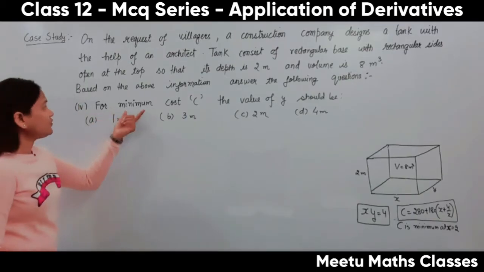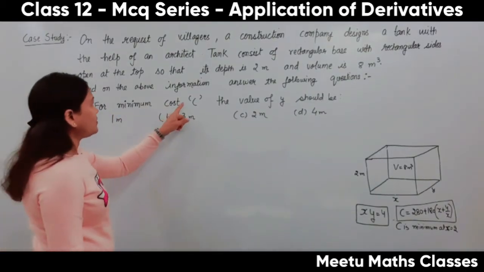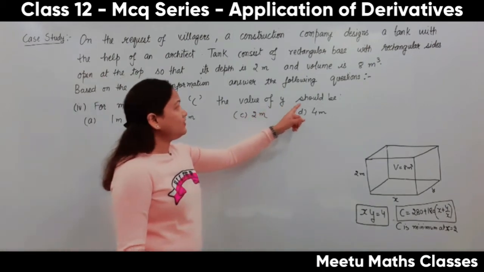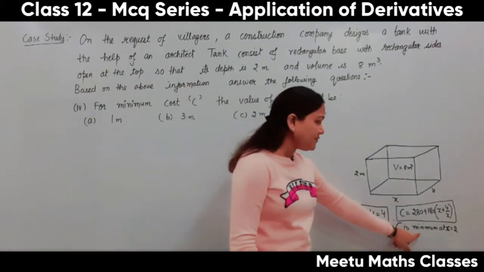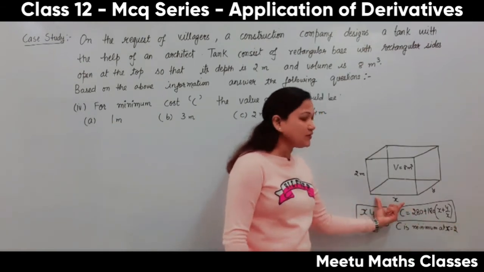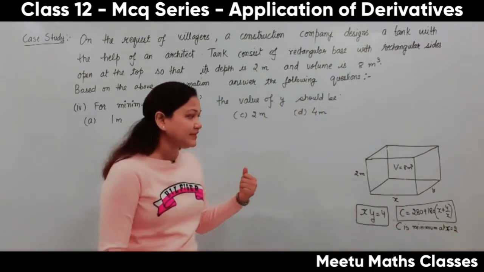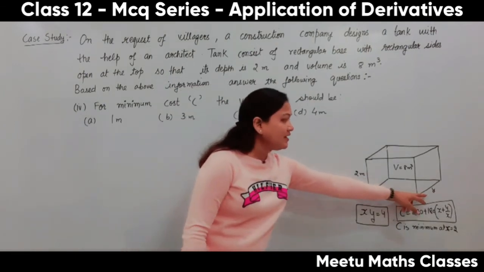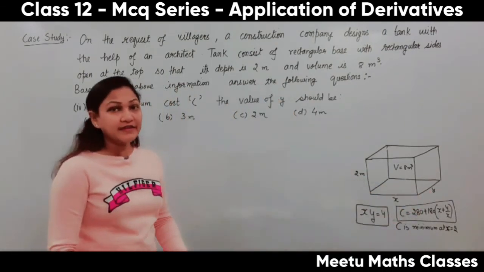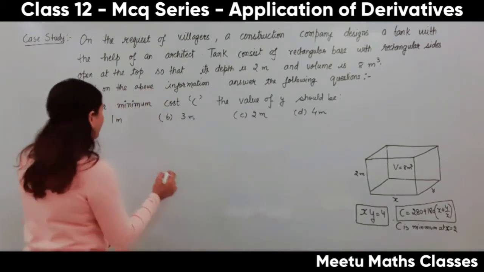The fourth part of your question says for minimum cost C, the value of y should be. Now you know that your cost is minimum when x equals 2. The length of the tank is 2 meters. Then they are asking that for what value of y the cost function is minimum.